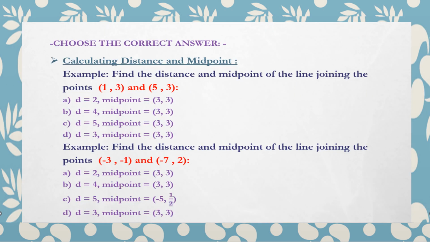Let's solve some examples in order to clarify the point. Choose the correct answer, calculating the distance and the midpoint. Example: find the distance and the midpoint of the line joining points (1, 3) and (5, 3).